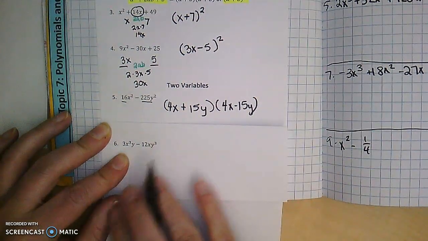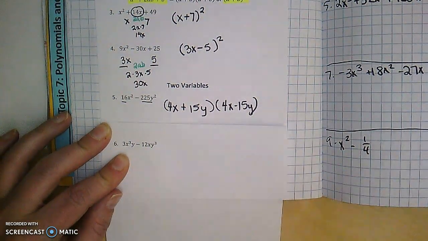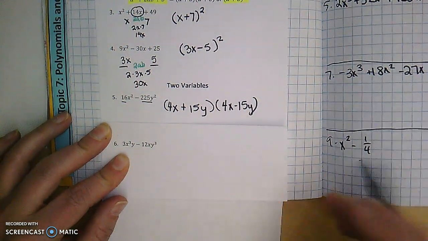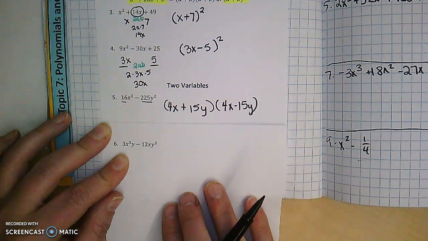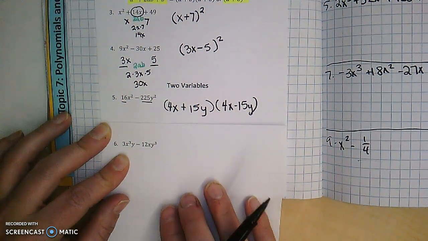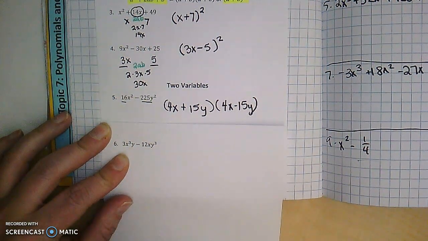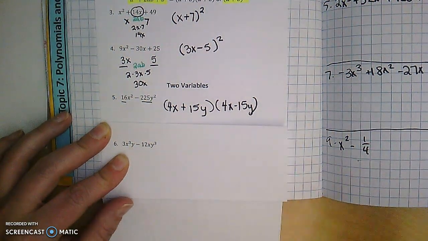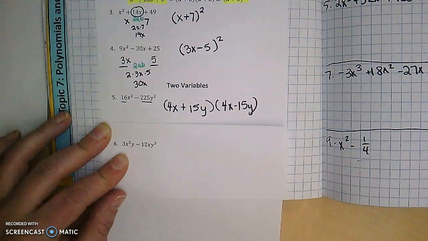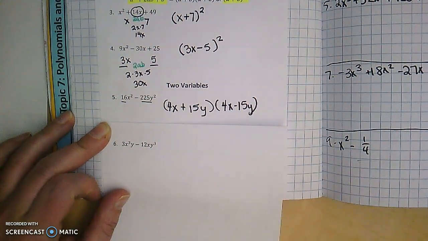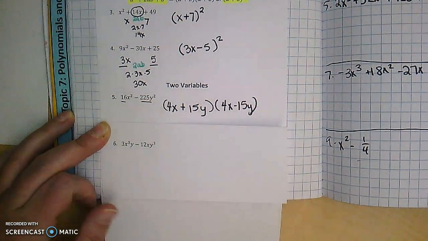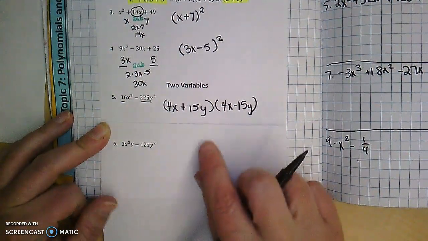Sometimes I'm going to have to do some extra factoring to get to that point. This is really similar to some of the problems that you saw in the last lesson, where you had to factor out a greatest common factor first, and then you can start using some of the other factoring rules. And we're going to go ahead and do that with this one.